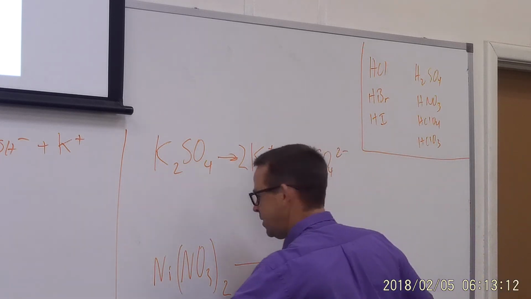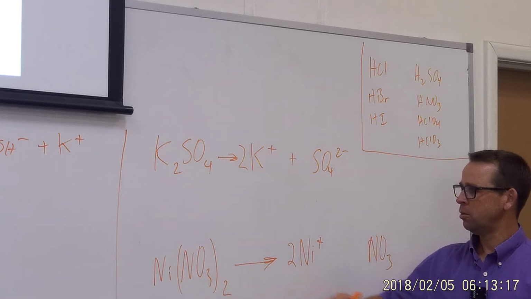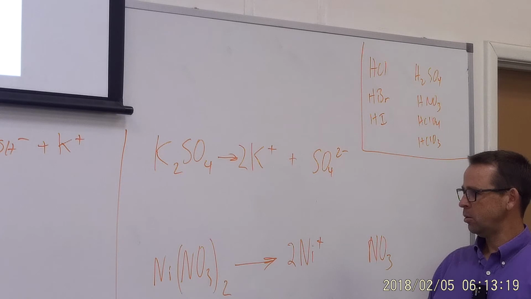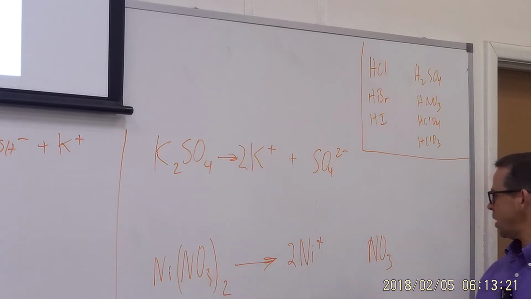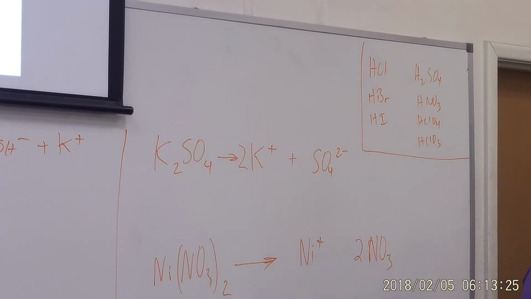How did we know there were 2 nickels? The 2 means there are 2 nitrates, right? I don't think we got 2 nickels. The charge is a +2. Very good. And the nitrate, what's the charge on the nitrate? -1, right? A singly negative charge. Are we getting it? Yeah.